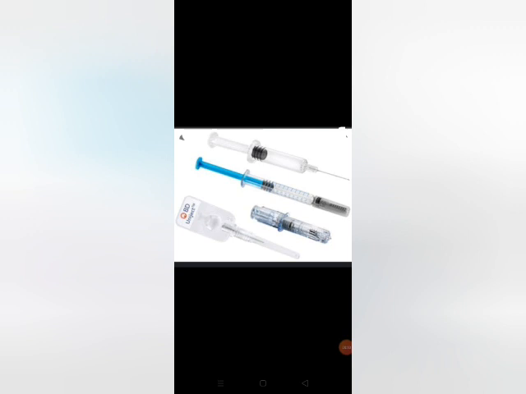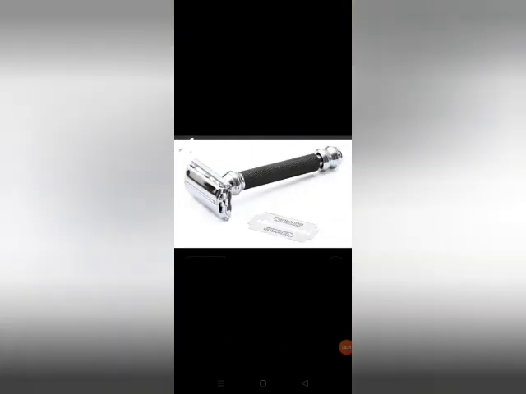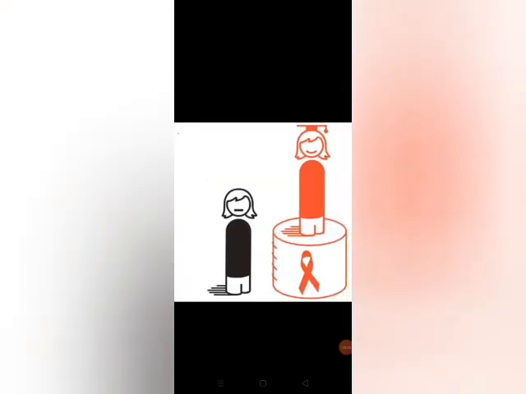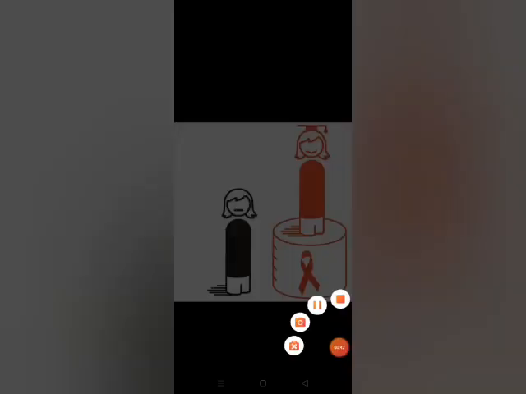First point. Second point, screening of blood before blood transfusion. Third one, avoid sharing shaving blades or razors. Fourth one, people should be educated about AIDS transmission.